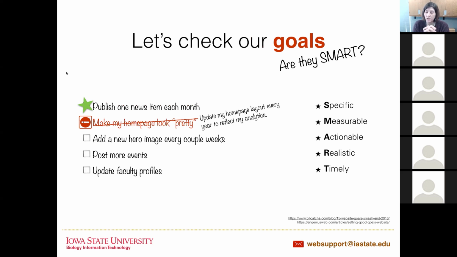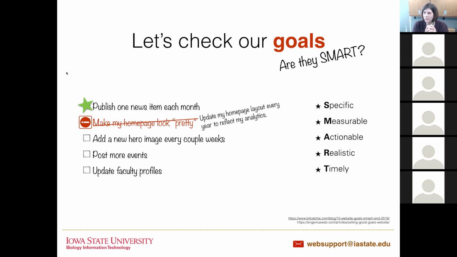So you can look at analytics to create your homepage, but you can also look at analytics to find out if folks are visiting the items that you're highlighting on your homepage. Once a year, is this realistic? Yeah, that looks realistic for my timeline and my time frame. And is it timely?